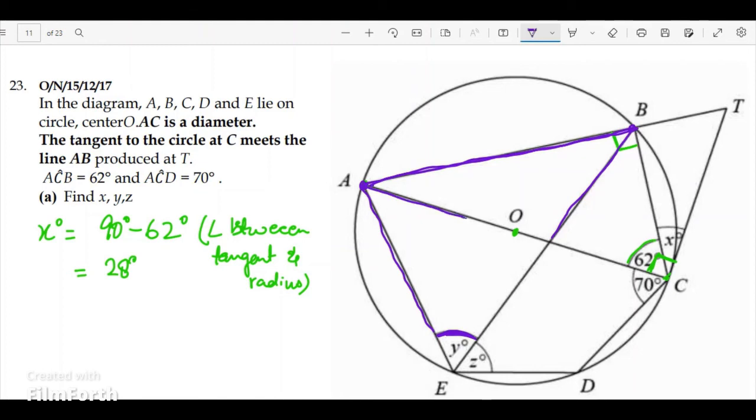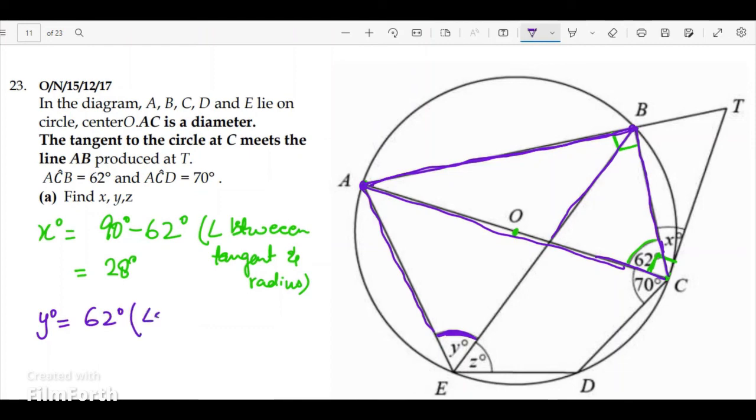So this is making this angle right here, that's 62 degrees as well. And since these two angles, y and the 62, are coming from the same chord AB, these angles should be equal. So y degrees should be equal to 62 degrees.